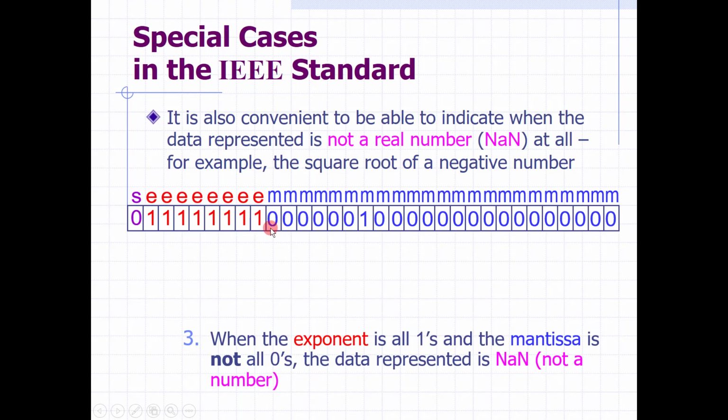And then for infinity, we had all zeros in the mantissa, but for not a number, we just need a 1 somewhere in the mantissa. So it could be anywhere in there. As long as there's at least one 1 in the mantissa, we have not a number. So there'll be lots of permutations for not a number. I guess we could have negative not a number as well.